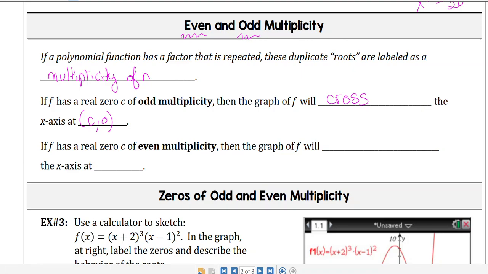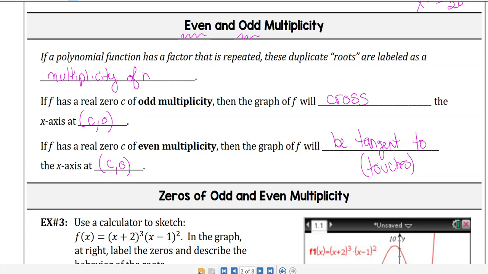And then if the function f has a real zero c of even multiplicity, then the graph of function f will be tangent to, which means basically just touches, like gets right to the graph and bounces off, the x-axis at (c, 0).